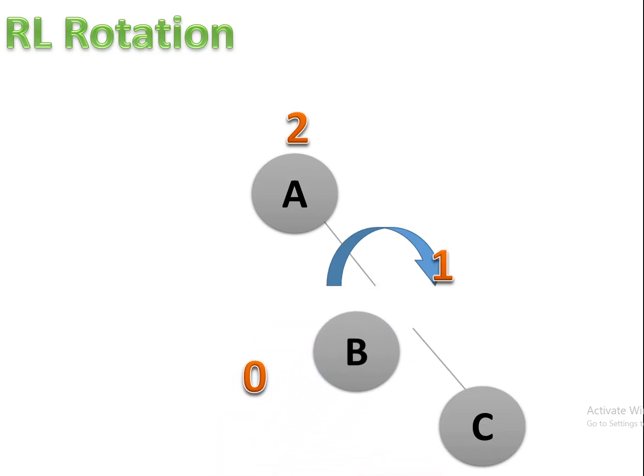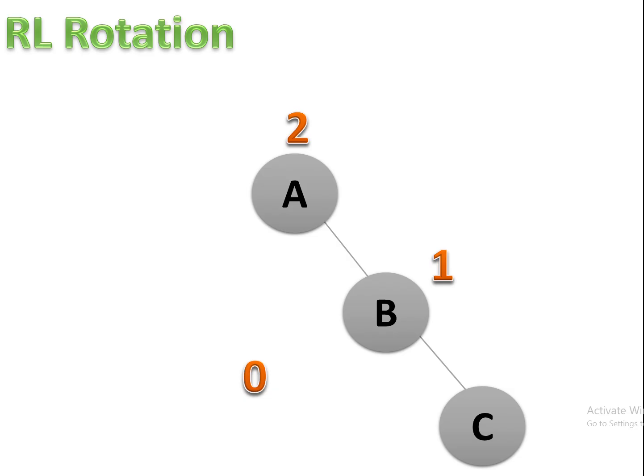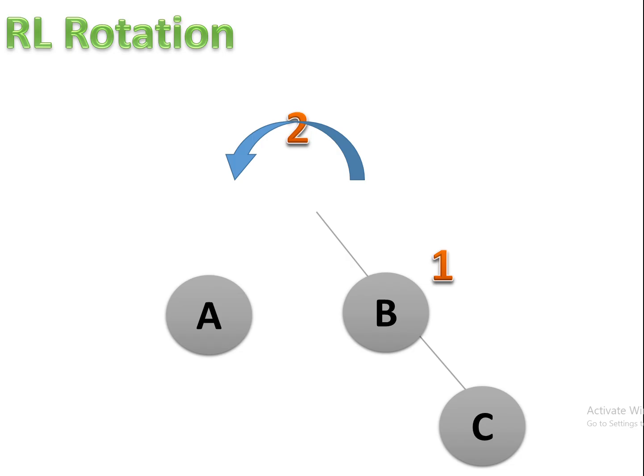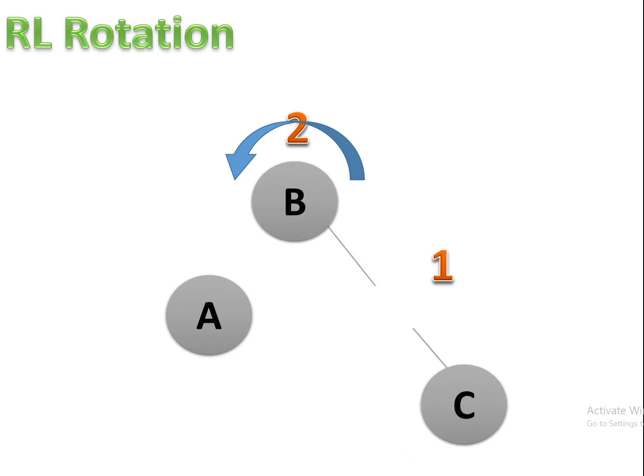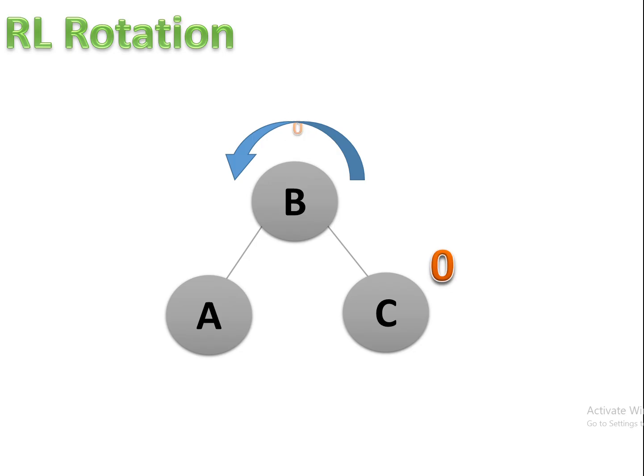We can apply RL rotation. One position to the left, replaced with B, and the root node A moves one position to the right, so A is replaced with B and B is replaced with C. Finally we check the balance factor of each and every node: 0, 0 and 0. Okay, this is the working principle of rotations.